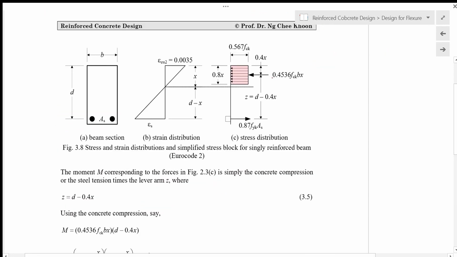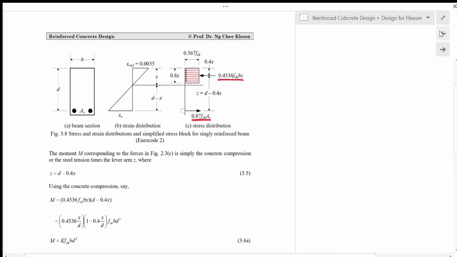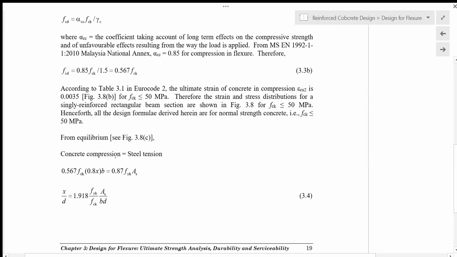So now we have already got the term for the compression and also tension. Now we want to look at equilibrium of these two forces, because for equilibrium we need to satisfy total forces equals 0. In this case, the concrete compression must be equal to the steel tension.